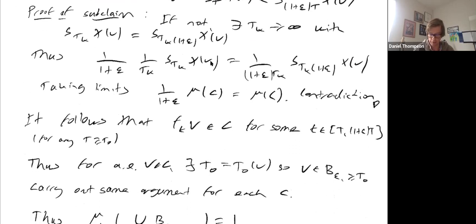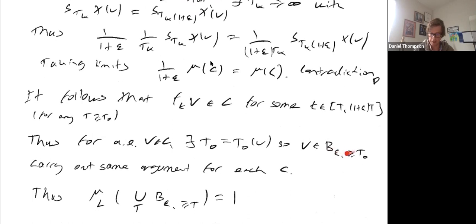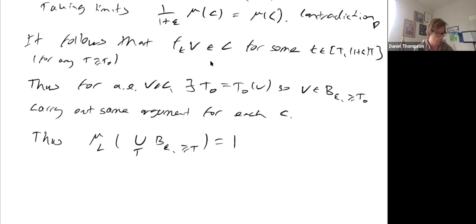Every point in Z was in one of these guys. So the set Z is here, that had measure 1. But I wrote it that way, just, we can observe that, since B epsilon greater than or equal to T is an increasing sequence of sets with T.